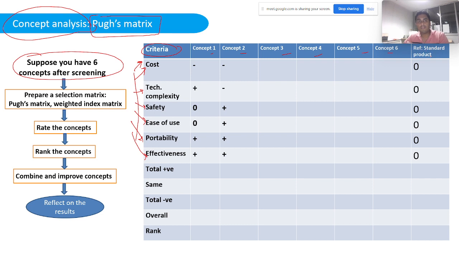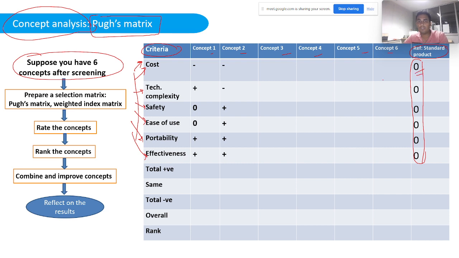What we need in a Pugh matrix is a product or an example which we consider a present solution or an equivalent solution for the particular problem. We consider that particular concept or idea to have all these values as 0. That means that is the standard, which does not need increment or decrement.